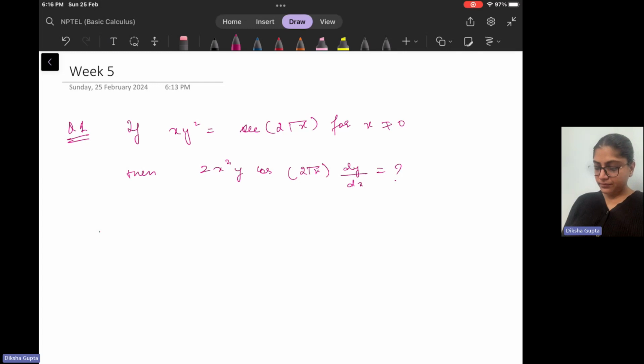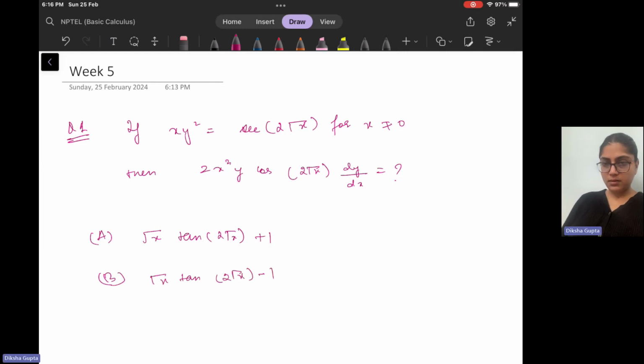Your options are: a, root x tan 2 root x plus 1; b, root x tan 2 root x minus 1; c, minus root x tan 2 root x plus 1; and d, minus root x tan 2 root x minus 1.